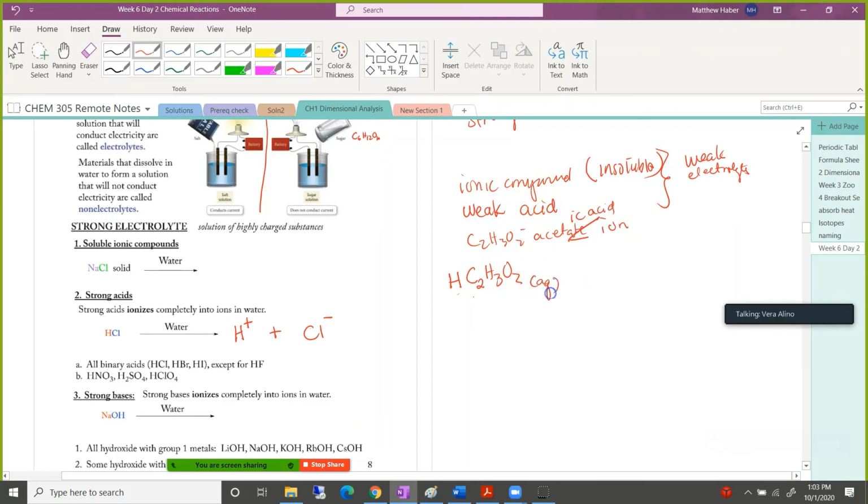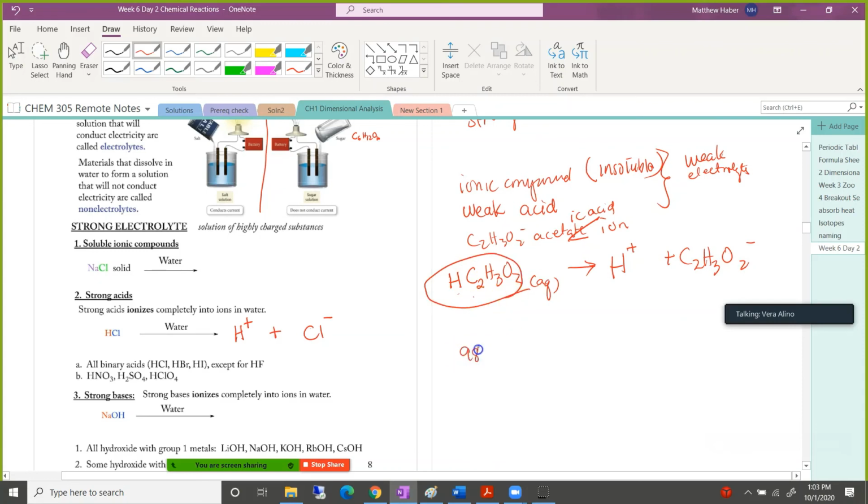So if you put vinegar in water, what it looks like if you have a molecular magnifying glass is that if you drop in 100 molecules, only 2 of those molecules split apart into hydrogen ions and acetate ions. The remaining 98 molecules that you have dropped in there will stay as a compound.